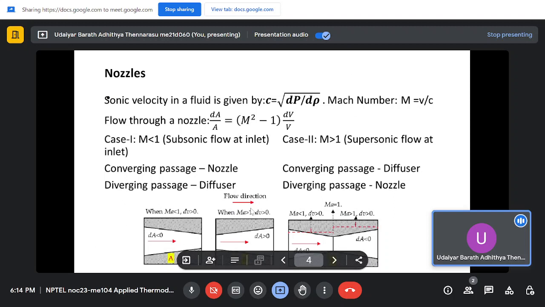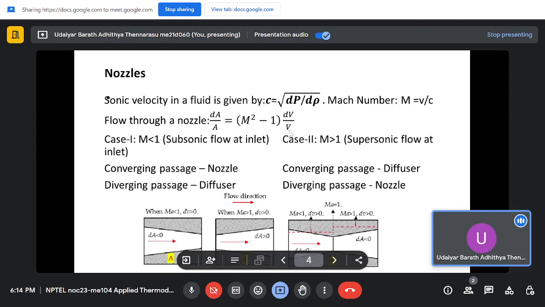But if you consider a diverging nozzle, the same case, your dA value will be positive. So when Mach number is greater than 1, your velocity will increase, because in dA by A, this quantity M square minus 1 will be positive for supersonic flow.